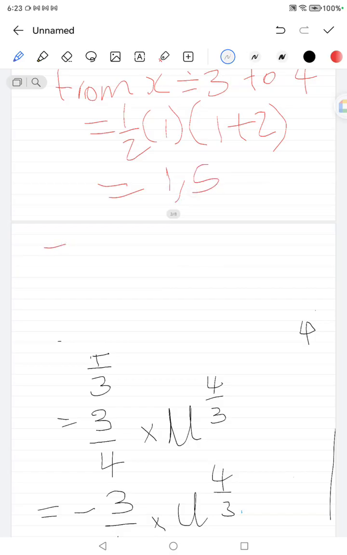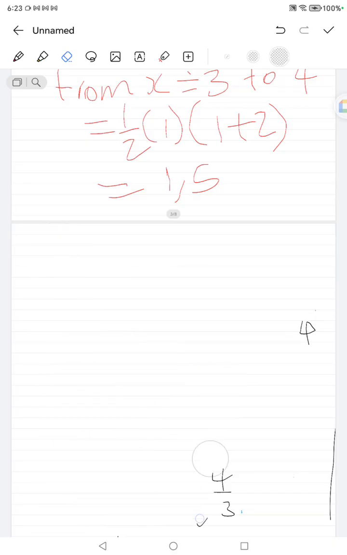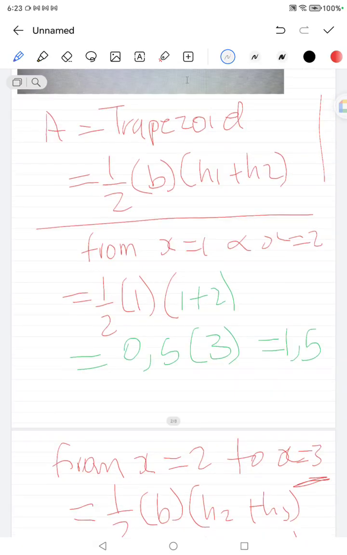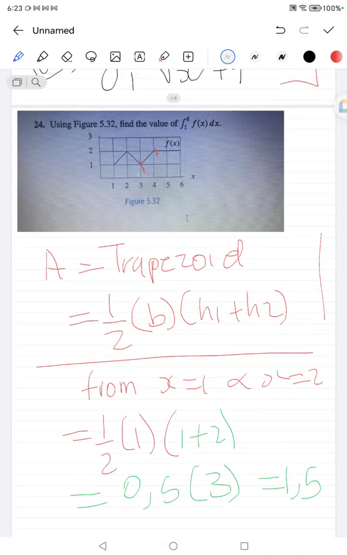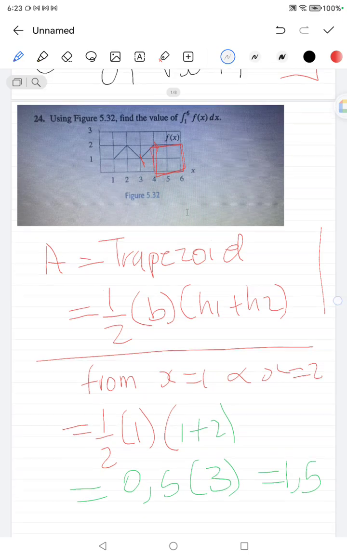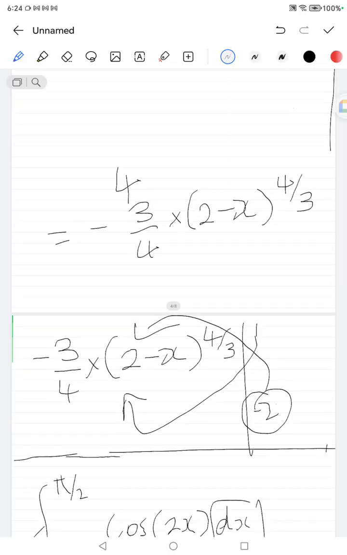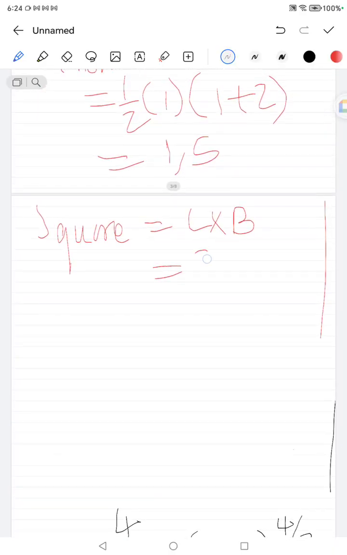So now you're left with that small shape at the end, which is a square. For the square, you know the area is equal to length times breadth. You have this region from here to here, which is 2 by 2, which gives you 4.